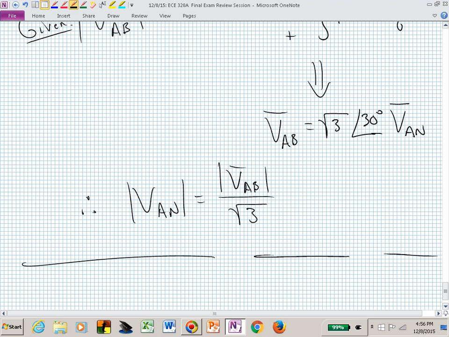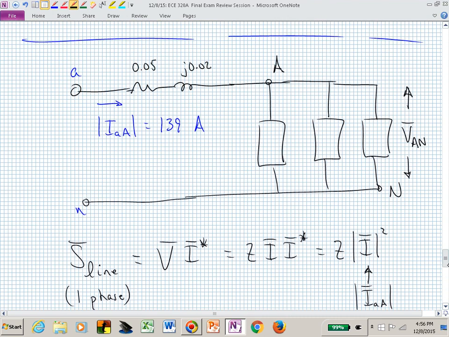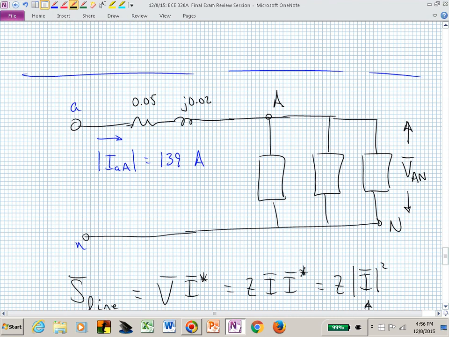So V sub AN is considered a phase voltage under what conditions? It depends on how the load is connected, doesn't it? If the load was a Y-connected load, then V sub AN would be a phase voltage.